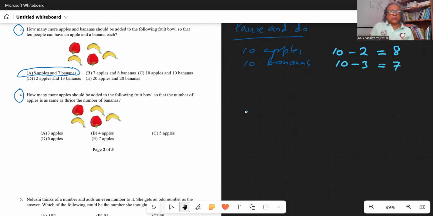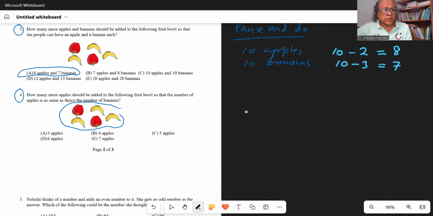How many more apples should be added to the following fruit bowl so that the number of apples is the same as thrice the number of bananas? Now the same fruit bowl, but now we need to add a certain number of apples so that the number of apples is the same as thrice the number of bananas.